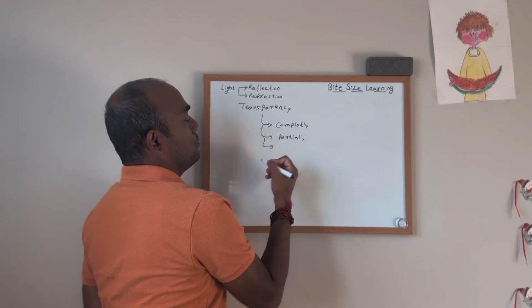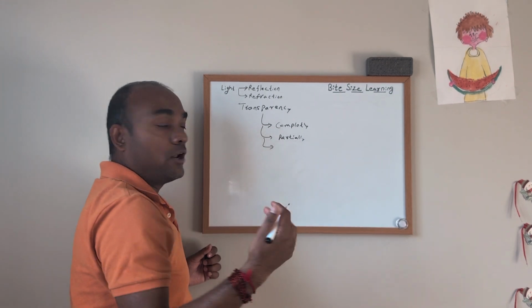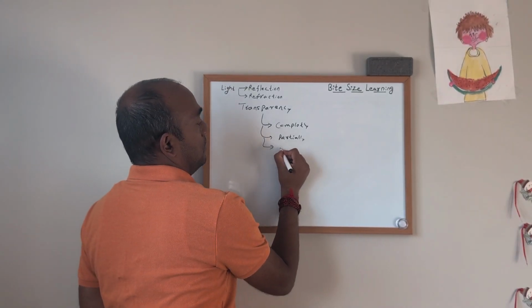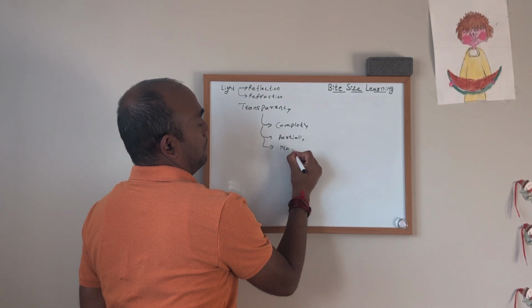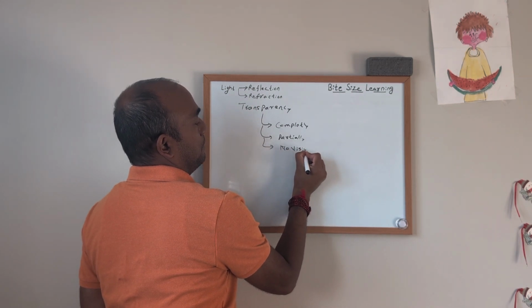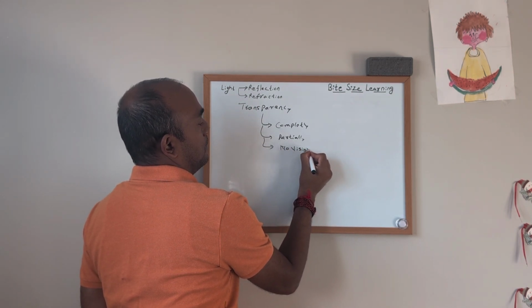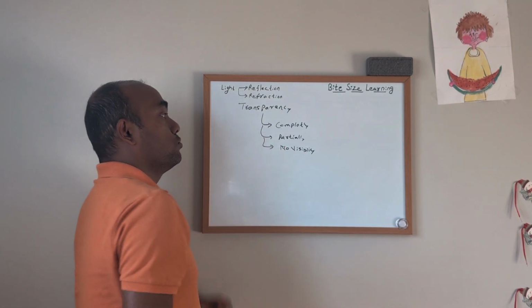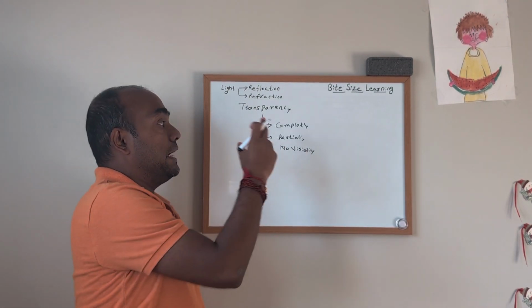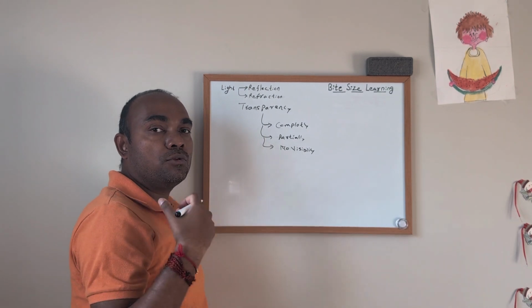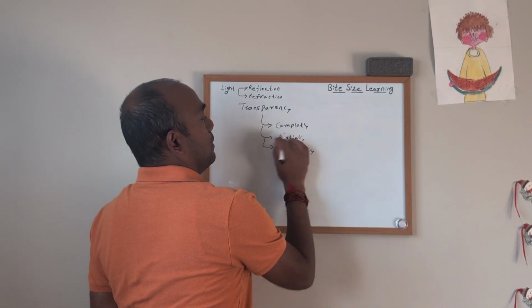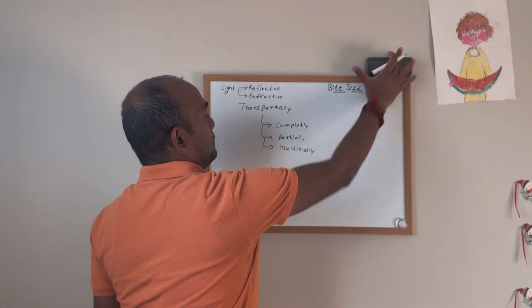Three, you are not able to see through an object, which is no visibility. If light passes through an object completely and you are able to see through that object, it is called a transparent object.